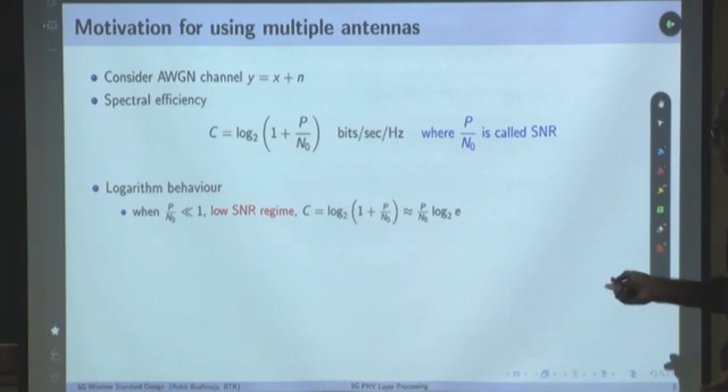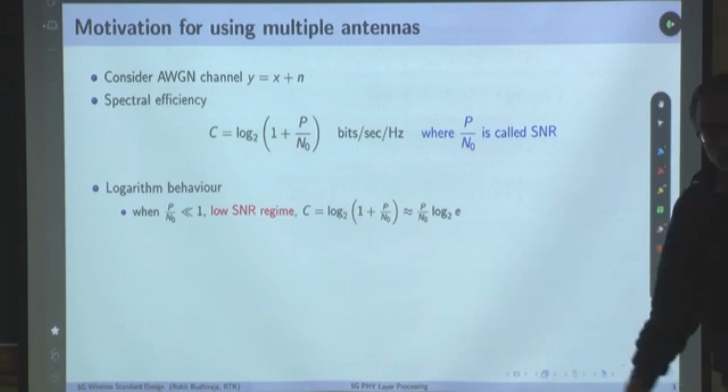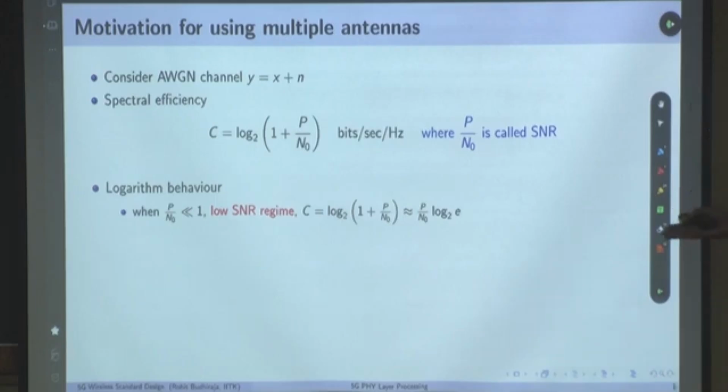What is this logarithm behavior telling us? That if you are in the low SNR regime, try to increase the SNR as much as possible, it will give you a linear increase. A factor of 10 increase in SNR will give you 10 times increase in the capacity. Because you are in a low SNR regime, if you increase the SNR, it is going to give you these kinds of gains. Capacity increases linearly with SNR.